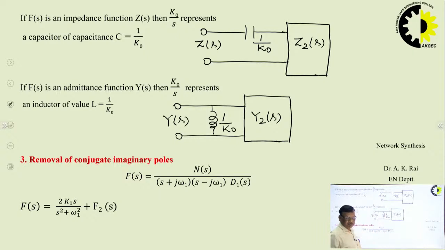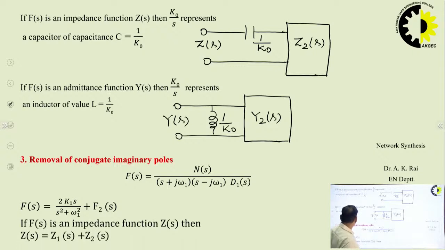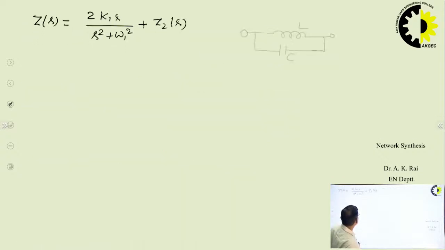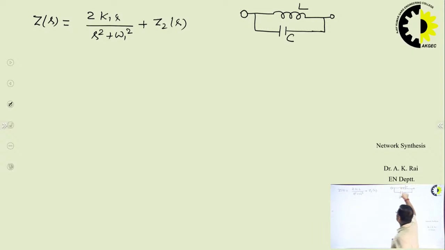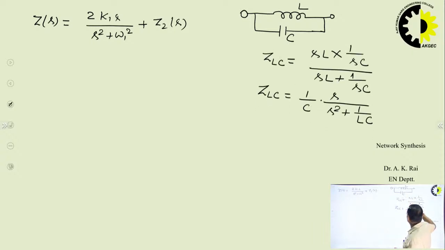Just for this, take an LC. Just take the impedance of this function, convert it into S domain. So, SL into 1 by SC, over SL plus 1 by SC. So, Z_LC(s) is (1 by C) into s over (s square plus 1 by LC). So, when the L and C are connected in parallel and we are finding the equivalent impedance, we are getting it in this format.